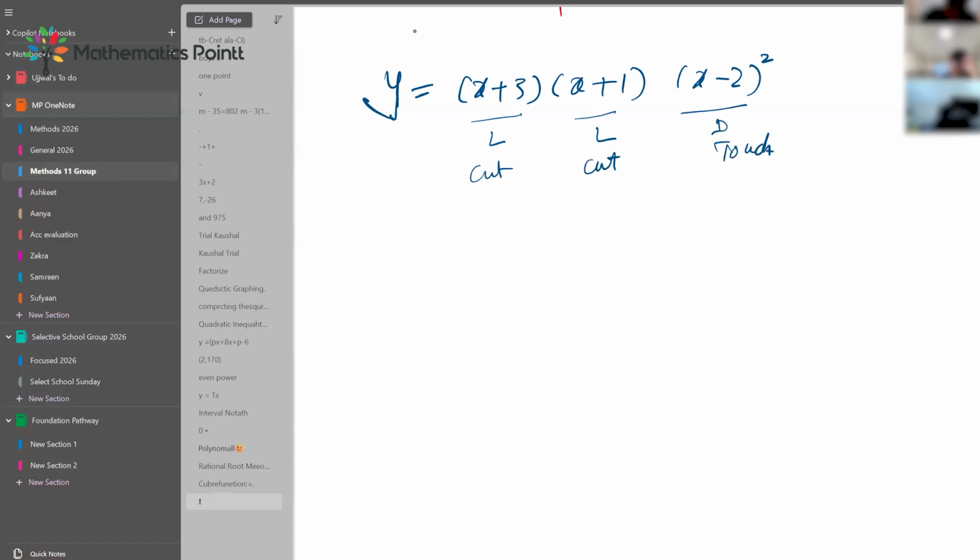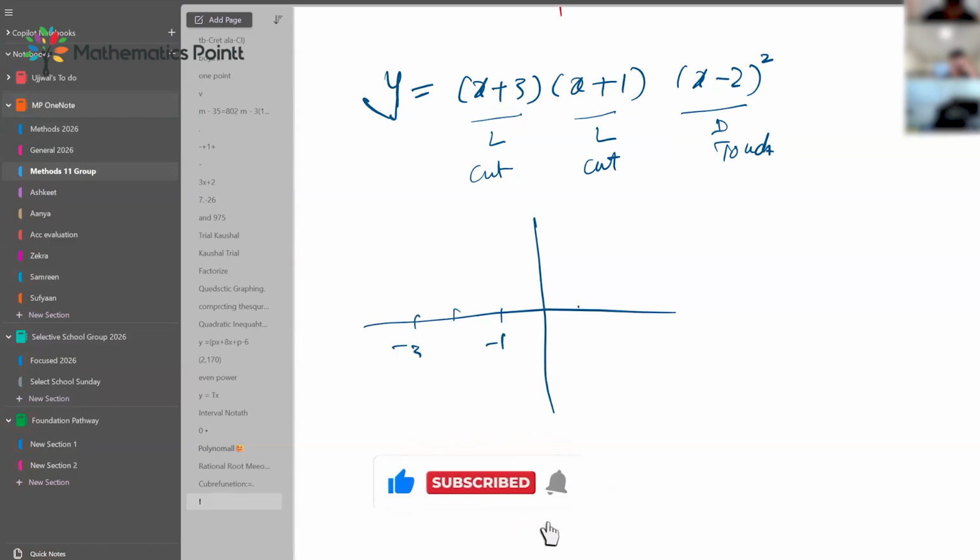Now, this cut, touch and touch, cut is just my terminology, right? So just do it in your head. I don't know whether your teacher is going to tell you that, but that's how my brain deciphers it. Okay, let's quickly do it. Minus 3, minus 1, 1, 2, 3, plus 2.